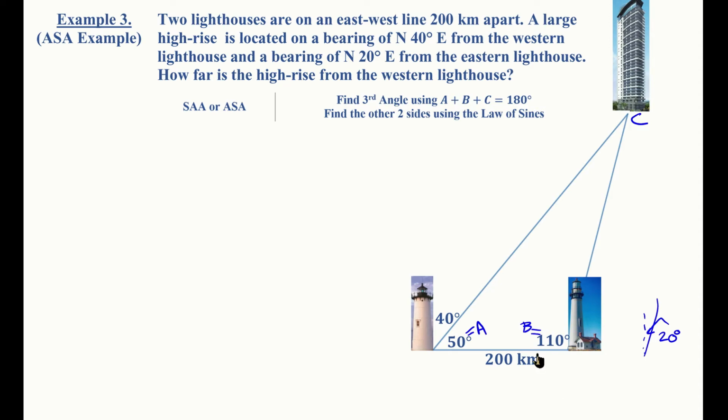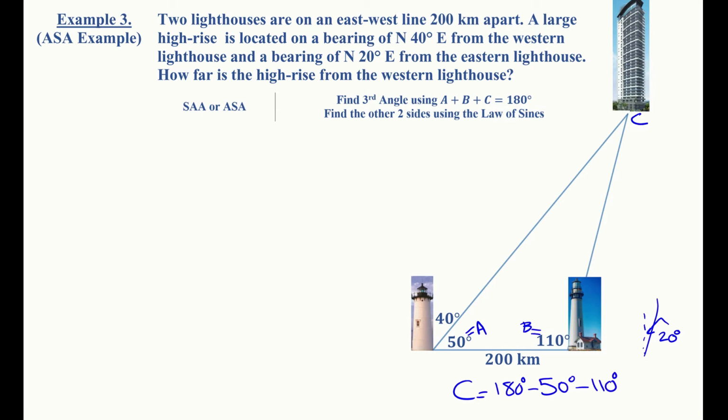Okay, so basically we know two of the angles, right? So of course a quick thing would be to find angle C, because we know that C is going to be 180 degrees minus 50 degrees minus 110 degrees.